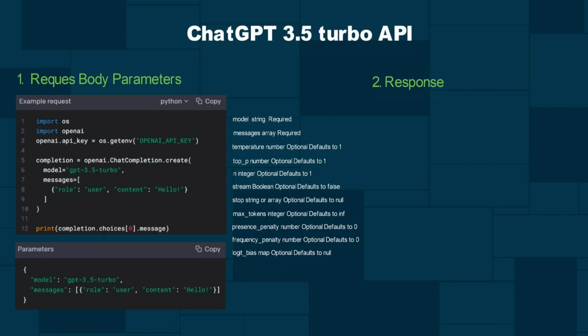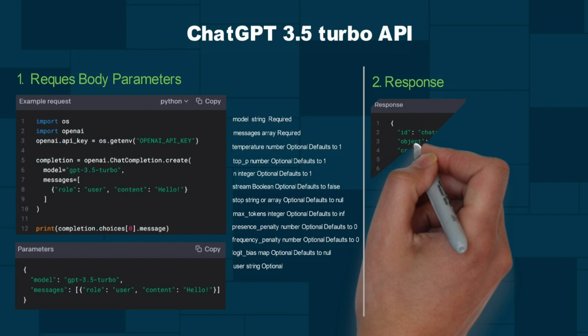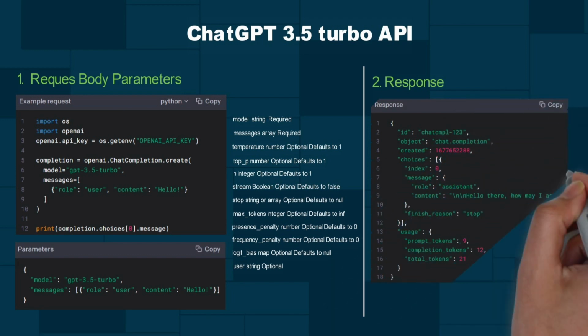The exact effect will vary per model, but values between -1 and 1 should decrease or increase likelihood of selection. Values like -100 or 100 should result in a ban or exclusive selection of the relevant token. User, string, optional. A unique identifier representing your end user, which can help OpenAI to monitor and detect abuse. The example of ChatGPT 3.5 Turbo API is given below.